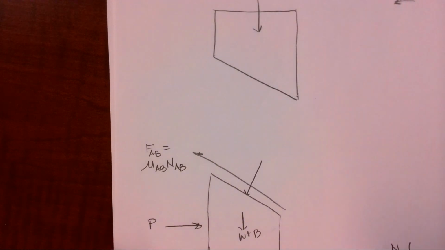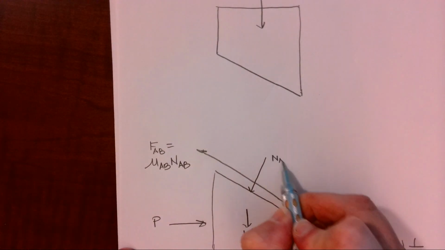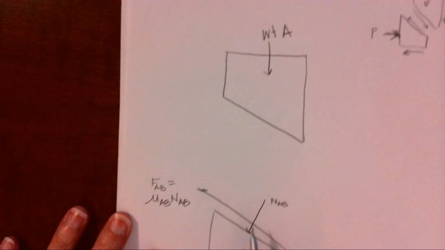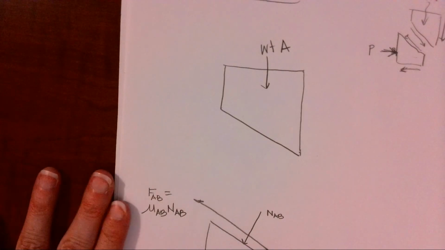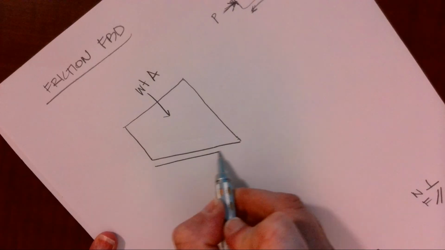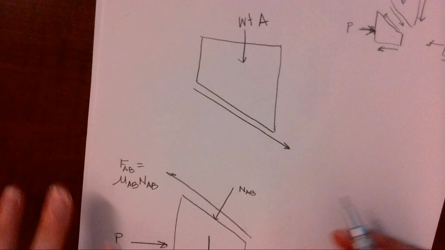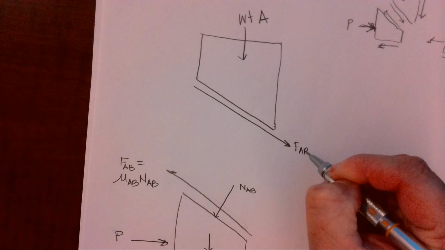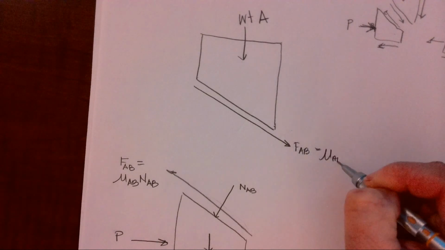So that's the normal force of A and B. And the forces acting up here on A are equal and opposite. So if the friction down here on B is going to the left, then I know that the friction over here on the top piece is going to the right. And that's still friction AB, which equals mu AB, normal AB.